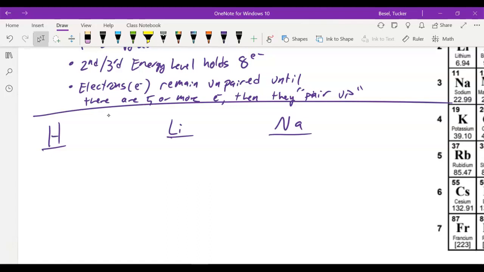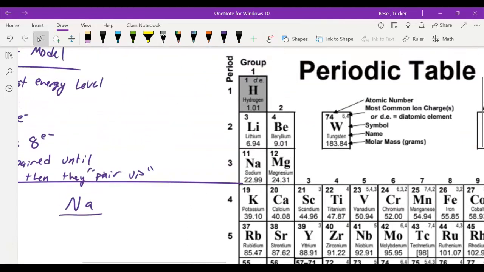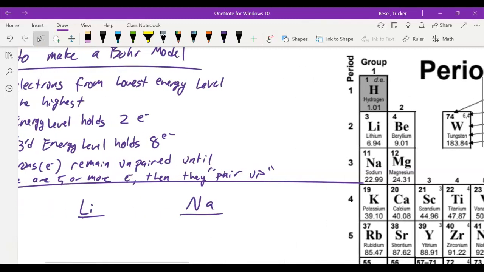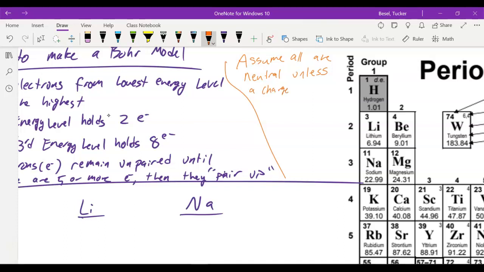Looking at the periodic table, we're going to assume all are neutral unless a charge is stated or a number of electrons is given.